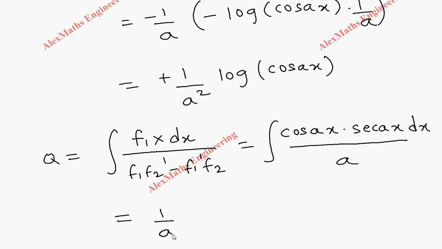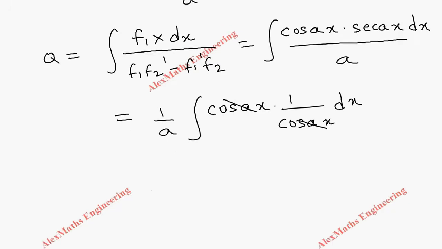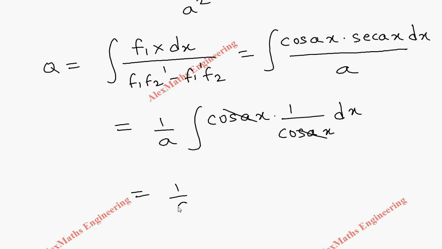But 1 by a can be taken out. Cos ax as it is, secant ax is 1 by cos ax. So all the terms getting cancelled, we are left with only dx. Integration of dx is x.